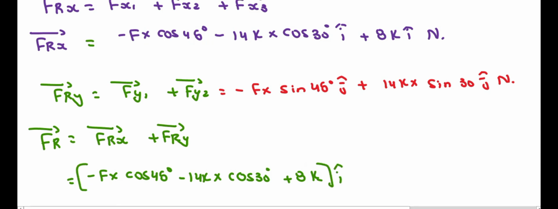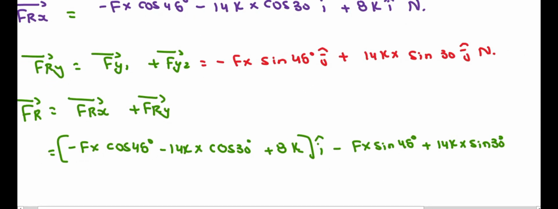This is FRx. Now FRy becomes negative F sine 45 degrees plus 14 kilo sine 30 degrees, and I take j common from each side, so it becomes j newton. This is the FR.